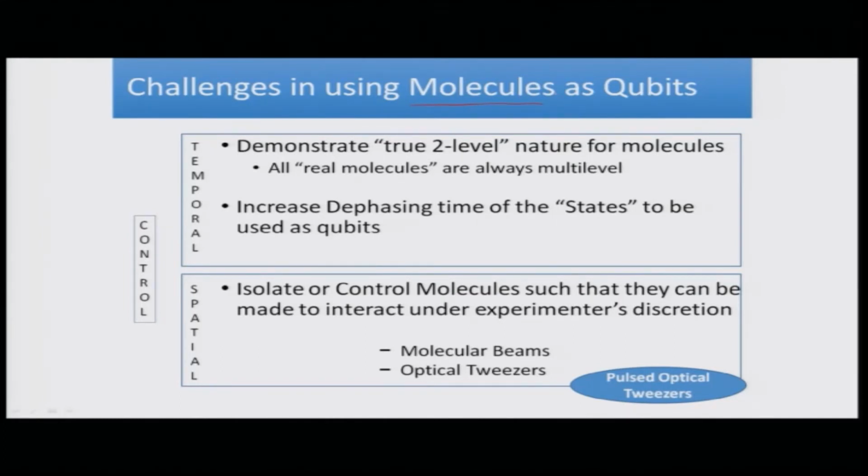quantum computing qubits. However, there are many challenges. One of the biggest challenges is the process of IVR, which we discussed in earlier classes.